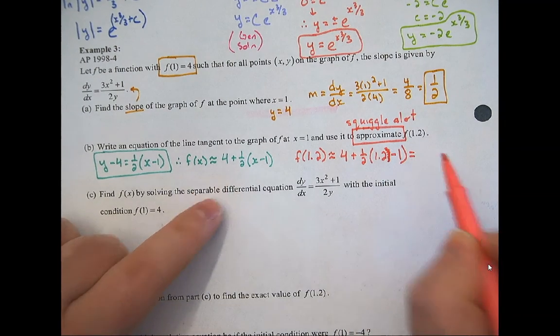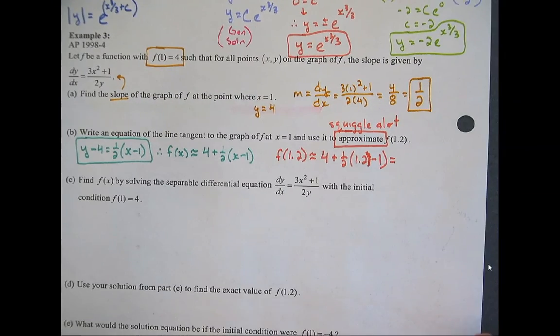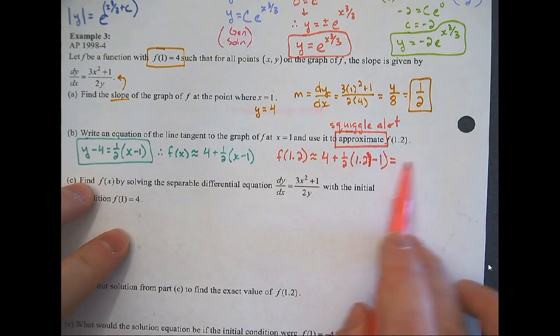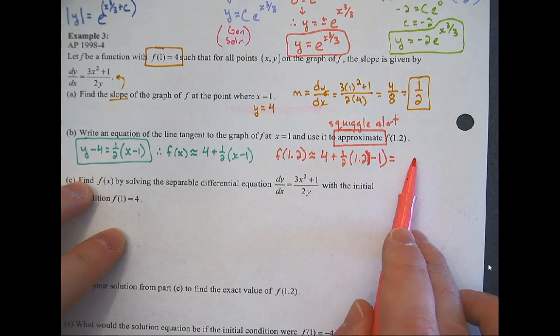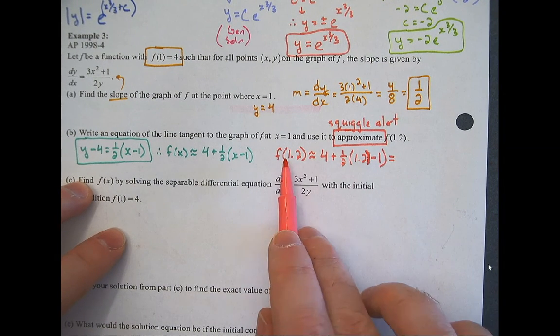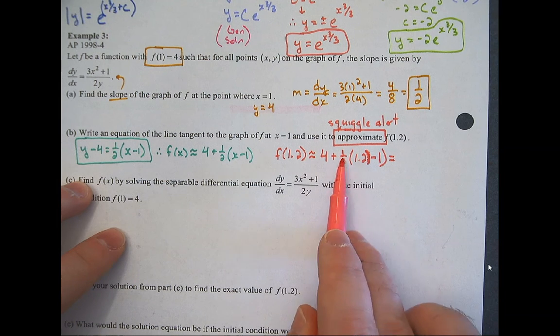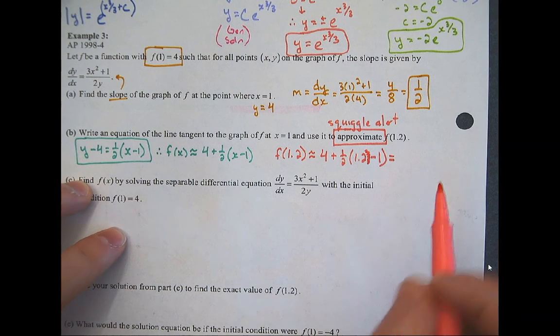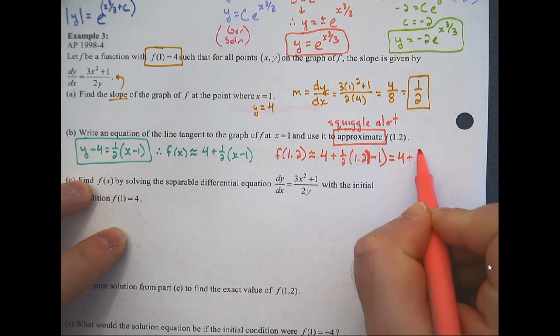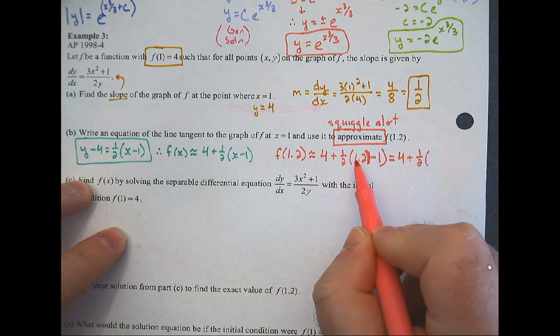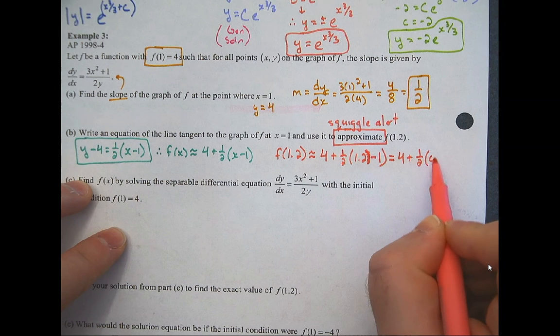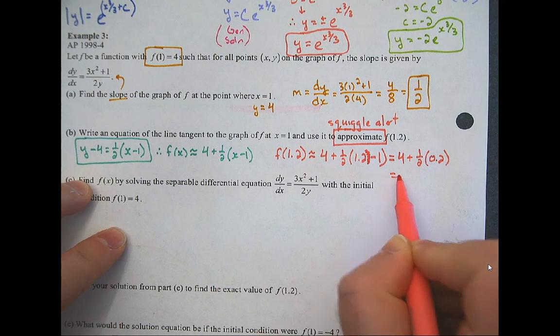Which then equals, why did that turn into an equal? Because whatever this is going to be equal to whatever. This is not an approximation from here to here. This is an approximation to here, but this actually equals whatever this is. So I'm going to go 4 plus 1/2 times 1.2 minus 1 is 0.2. Yeah, we can do this in our head.